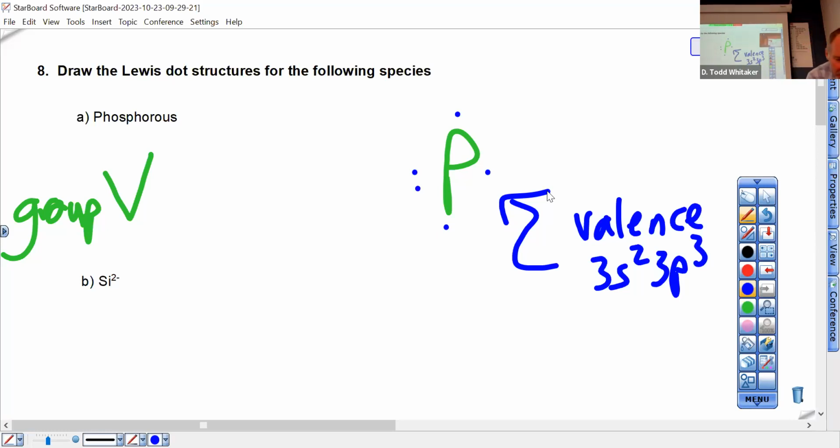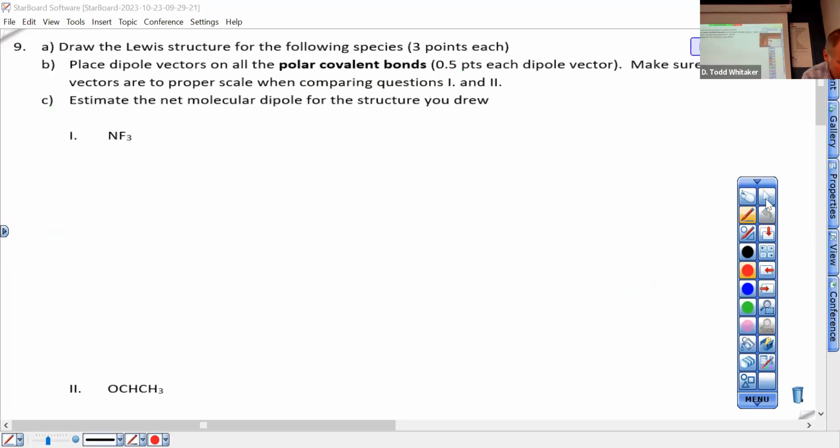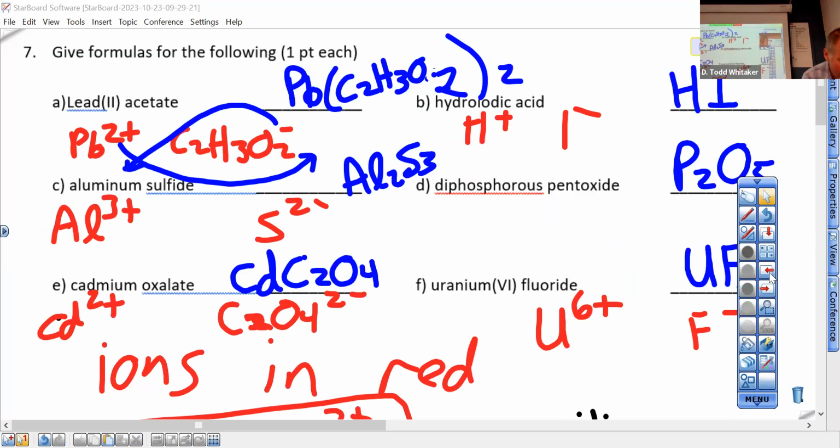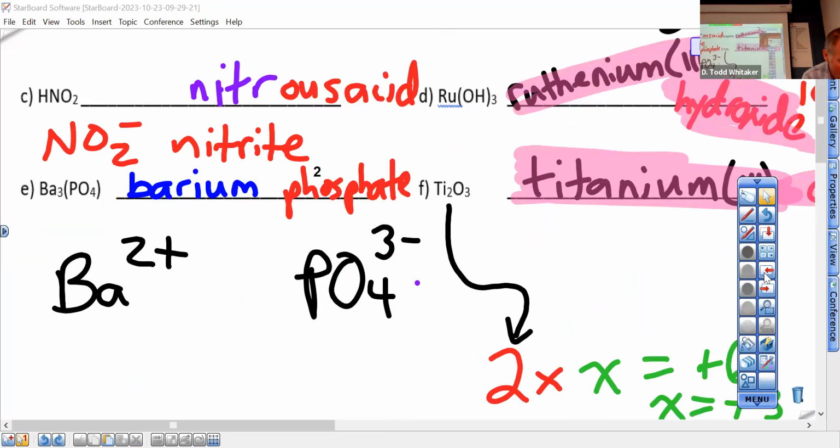Silicon 2-, same number of valence electrons as what? Sulfur? Okay, I agree with you. I'm just trying to figure out if I can save time, and I already figured out I'm wasting time.